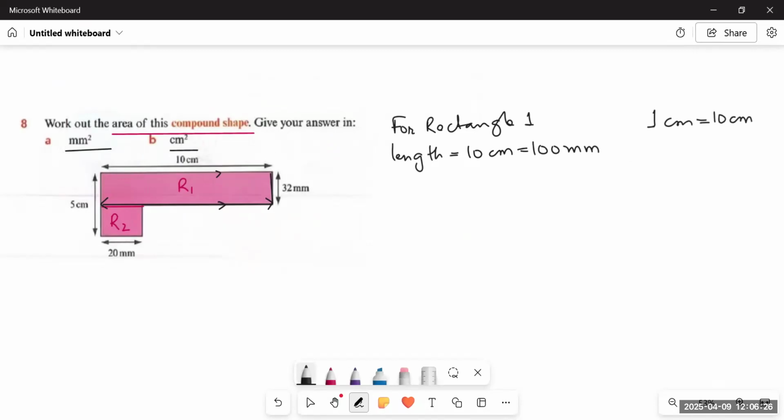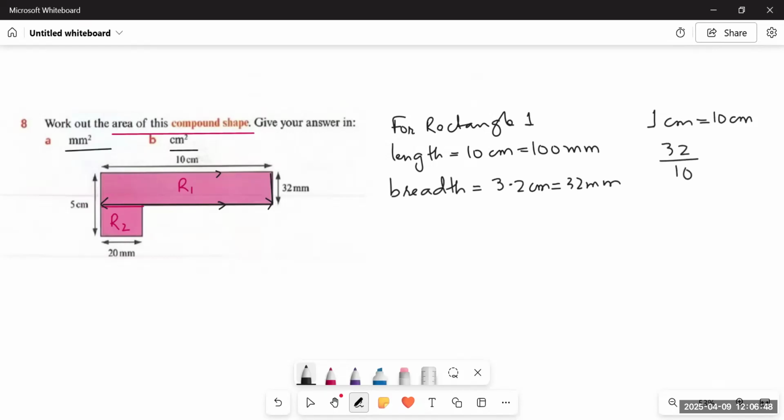And if millimeters are given, like the breadth is given in millimeters, we can write it as 3.2 centimeters is equal to 32 millimeters. Why? Because if I'm provided with millimeters, how can I convert it? Simply by dividing by 10.